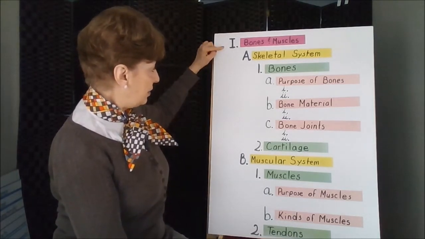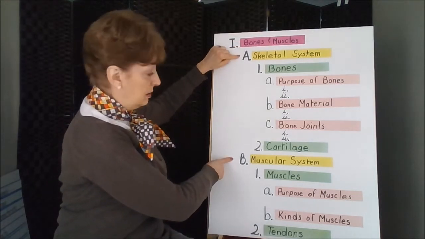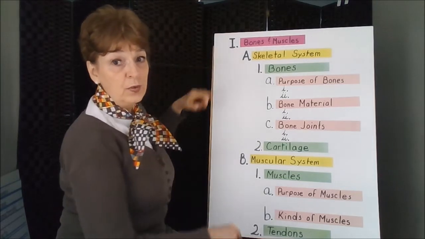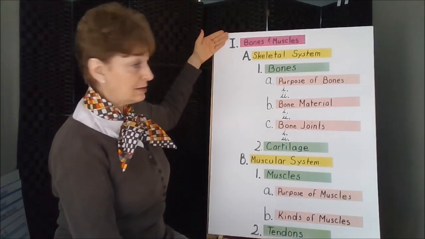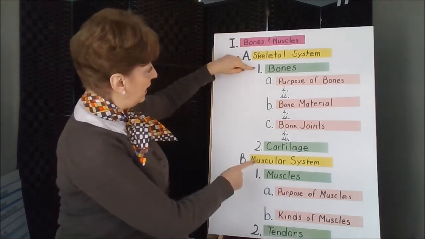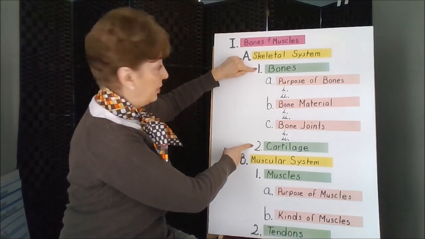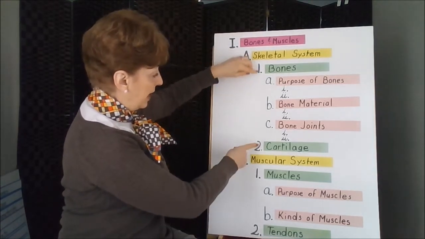But within this unit, I have a capital A teamed with a capital B, so both of these have equal value to each other within the structure of the unit, bones and muscles. And there are two Arabic numbers, so it went Roman numerals to capital letters to Arabic numbers.